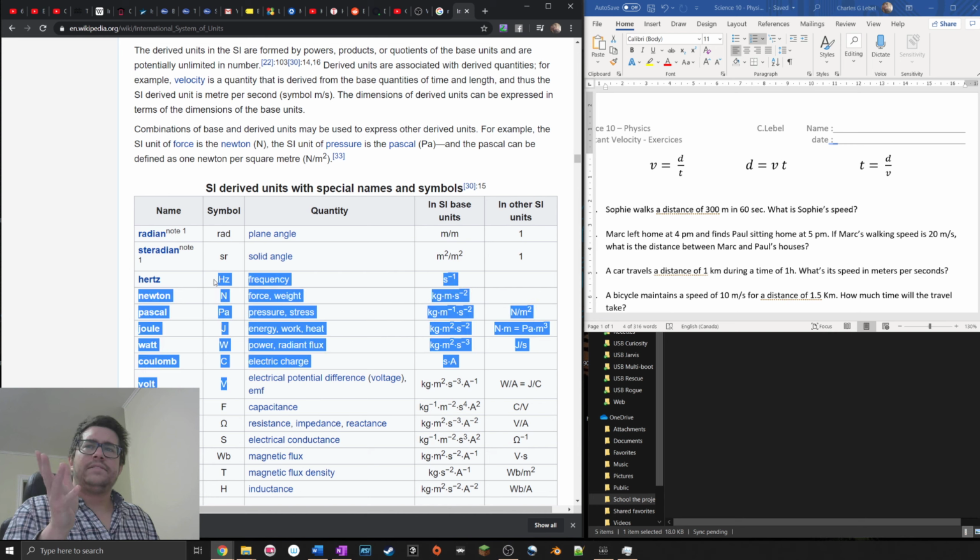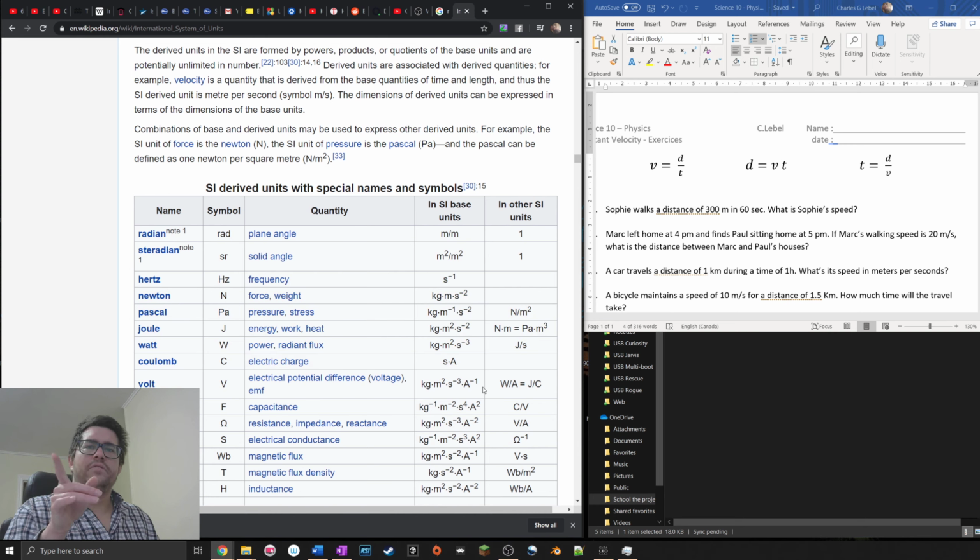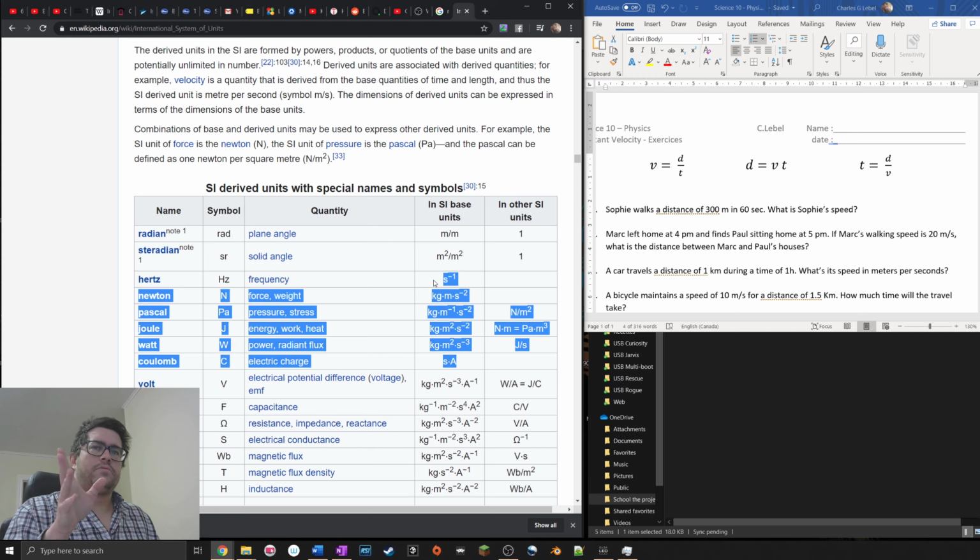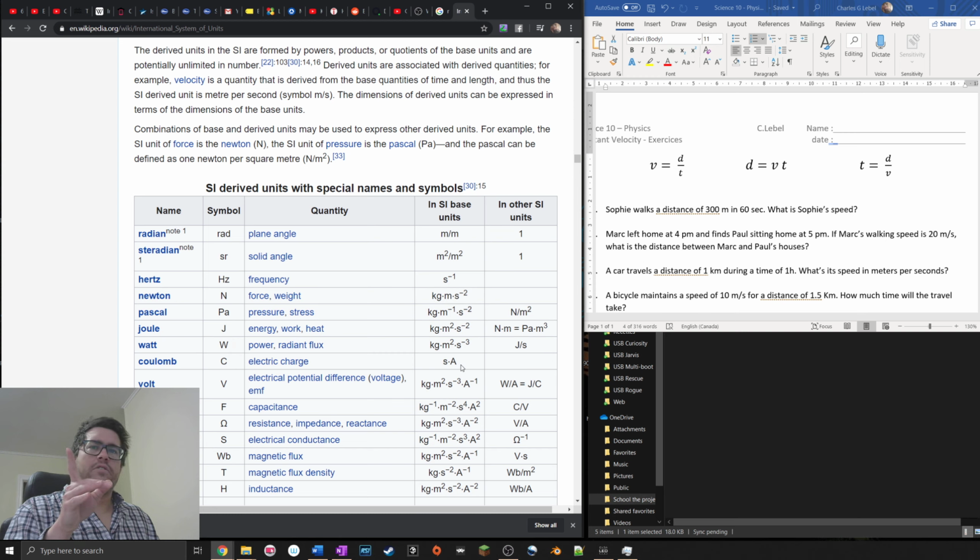But inside those units are hidden base units right here. So a watt, for example, is a kilogram meter square per second cubed. And you'll notice that it's meters and seconds. Meters and seconds. There's no hours and kilometers in any of that.